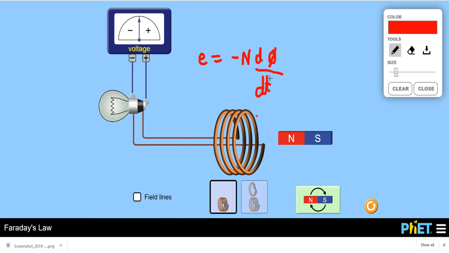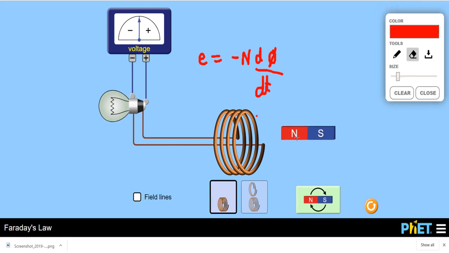If we see it by this example, here we have this voltmeter, and this is the coil, and here is the bar magnet. I will change the position of this bar magnet, and we'll see how it produces the induced EMF and how this bulb lights up.